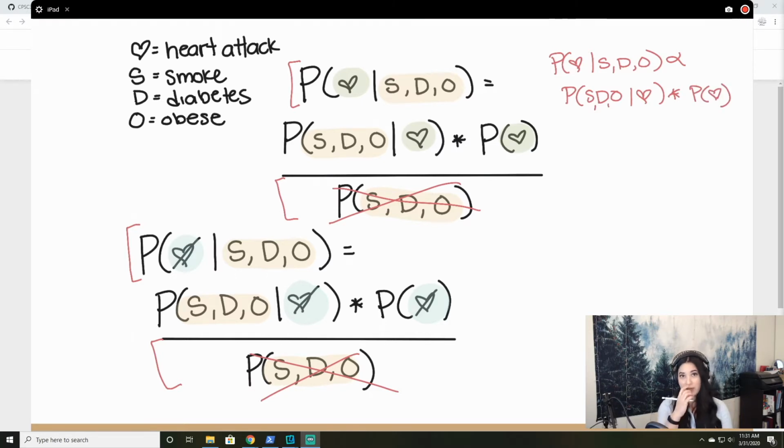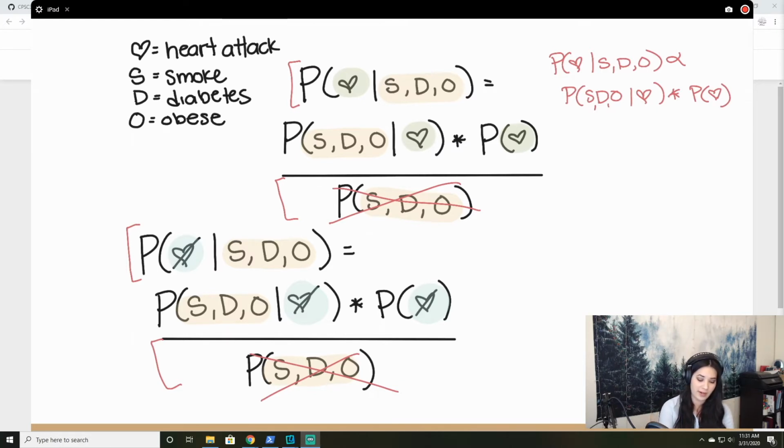So this formula ignores the denominator, which means less math for us, hooray. But remember that instead of being equal to the probability, it's now proportional, which essentially means whichever one was higher, whether it was for heart attack or not heart attack, that one will still be higher when we ignore the denominator. However, instead of being equal to the actual probability, it's only going to be proportional to it.